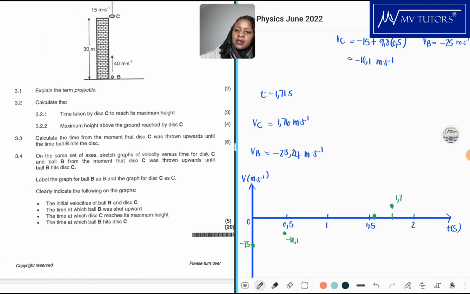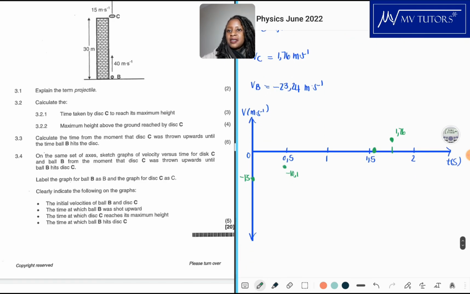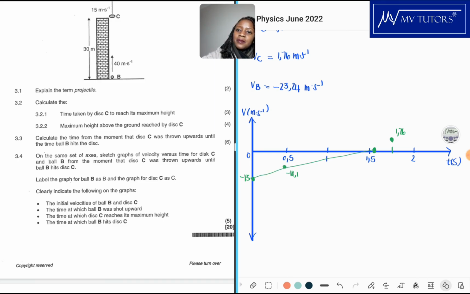Okay, 1.76, and then we're just gonna plot. Definitely not to scale, but let's see what we can do. I'll have to adjust my dots.